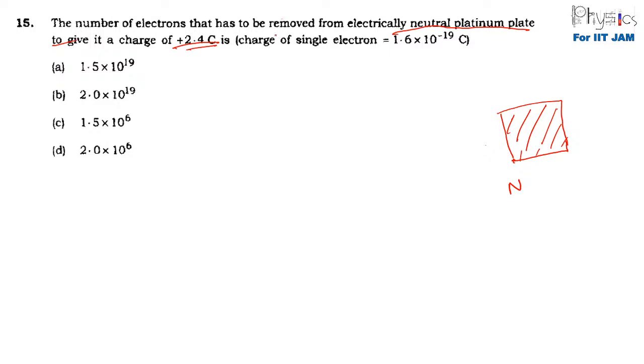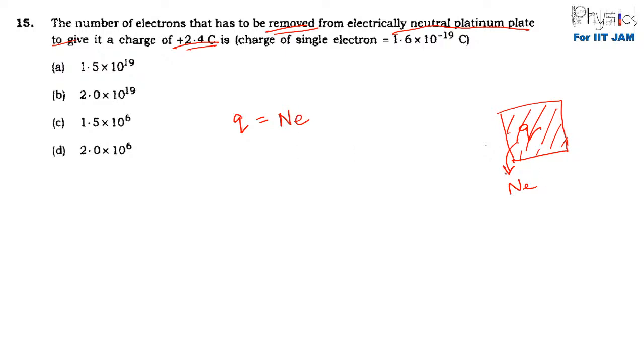We have to remove n electrons out of it, and let us give it a charge of Q. That means this charge Q is nothing but equal to the value of n times e.